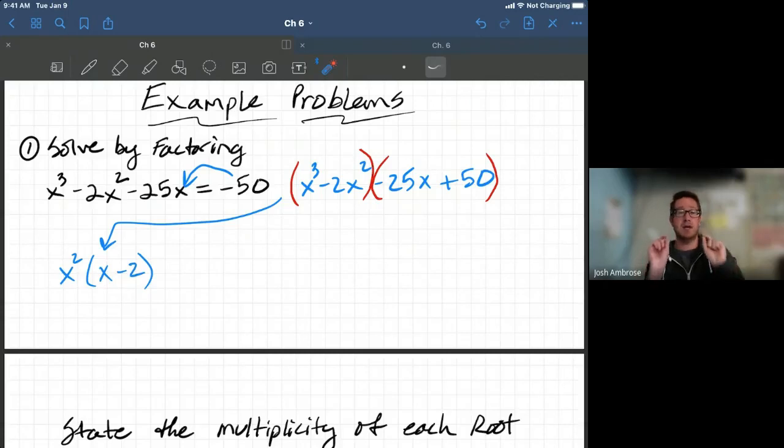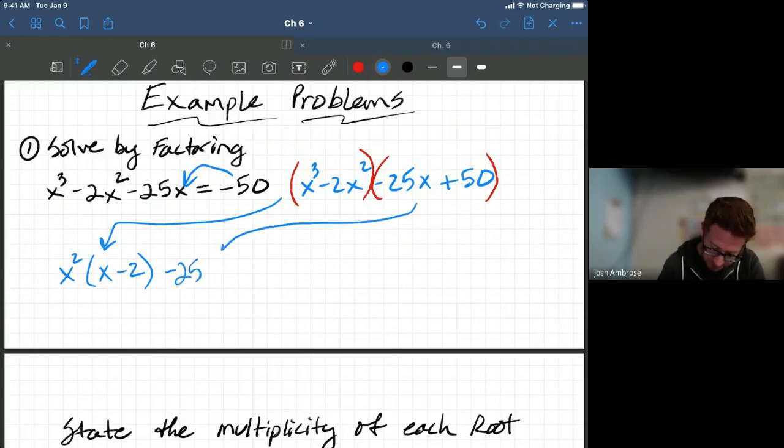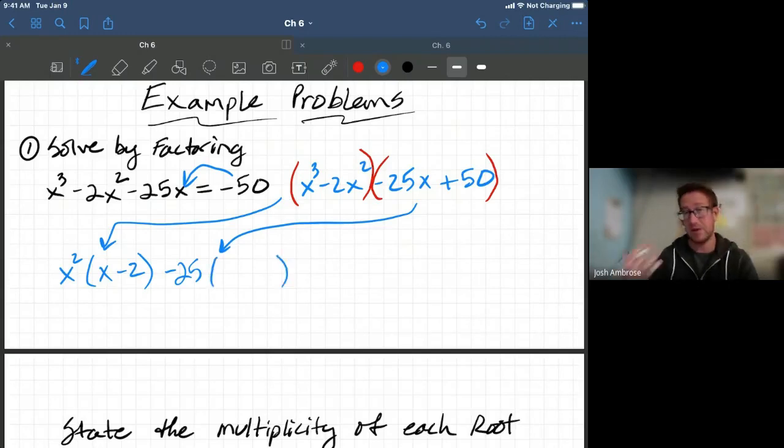And remember, the way to double check that you have factored by grouping correctly is that the sets of parentheses will be identical. You'll see that work out right now. So let's factor out a negative 25. What is left over in the parentheses is going to be just that, something identical.